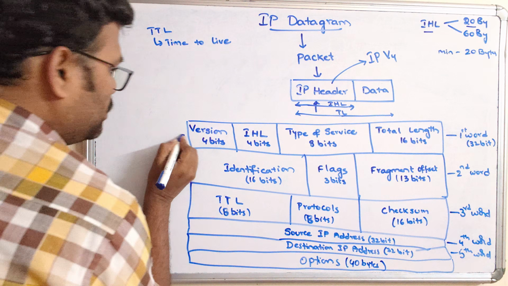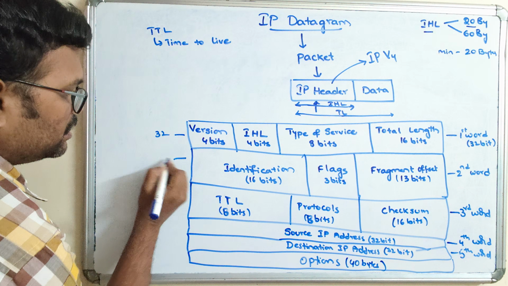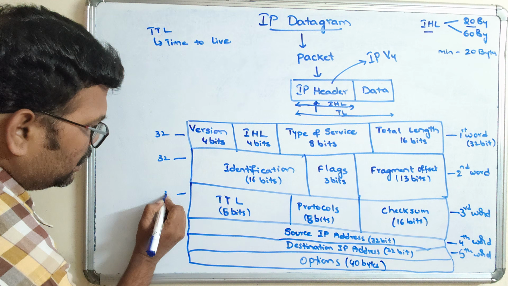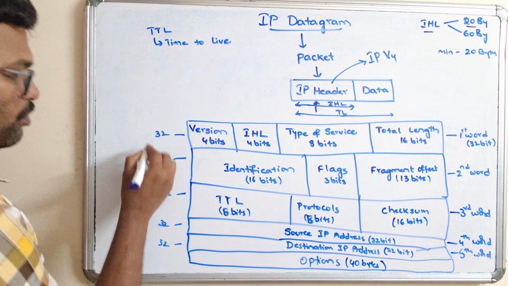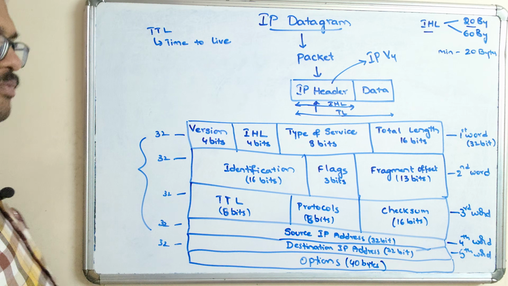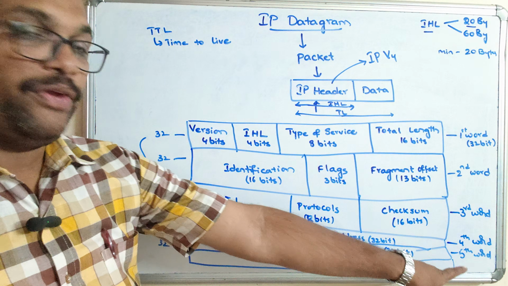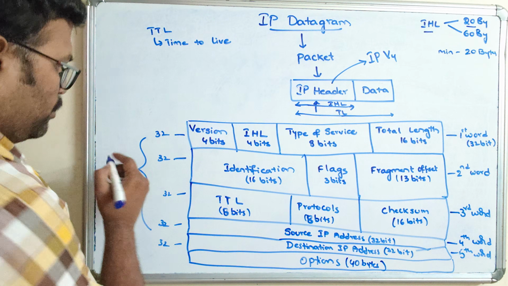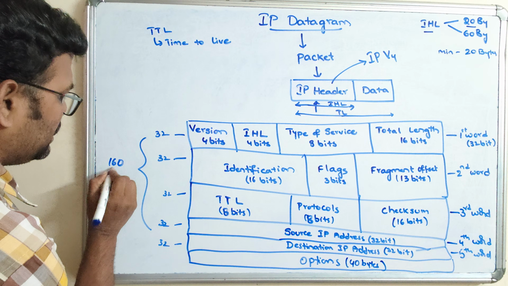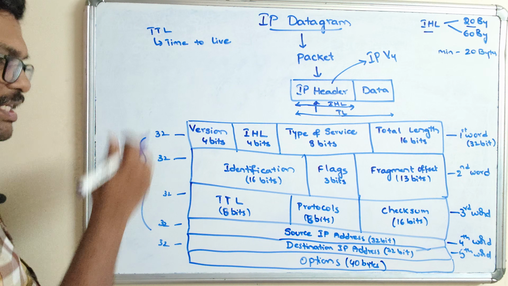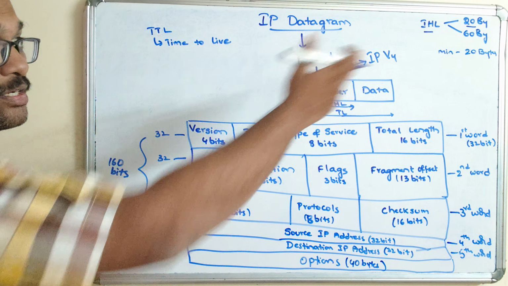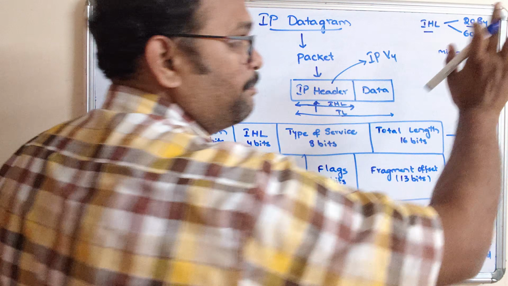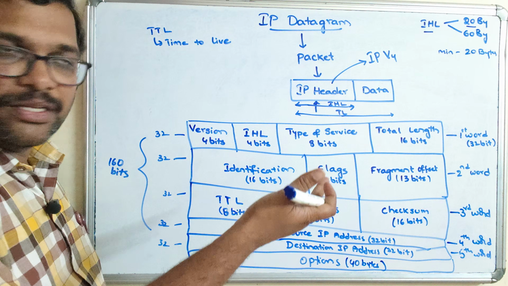Apart from this, this is 32 bits, this is 32, this is 32, this is 32, and this one is 32. So total 5 words, that means 5 into 32, which is nothing but 160 bits. These complete 5 words are mandatory. That's why we are saying the minimum is 20 bytes. 20 bytes means 160 bits.